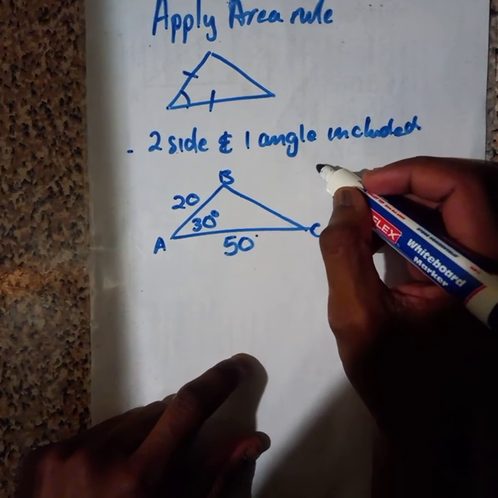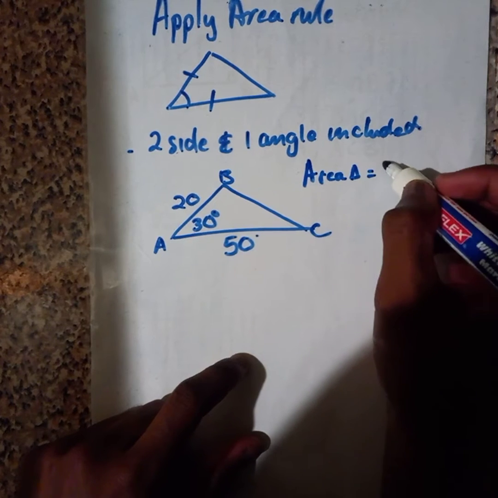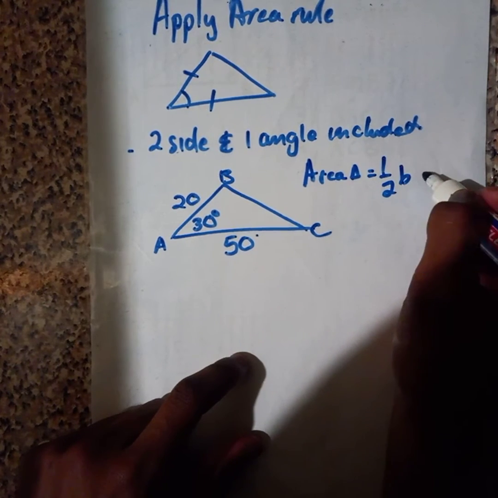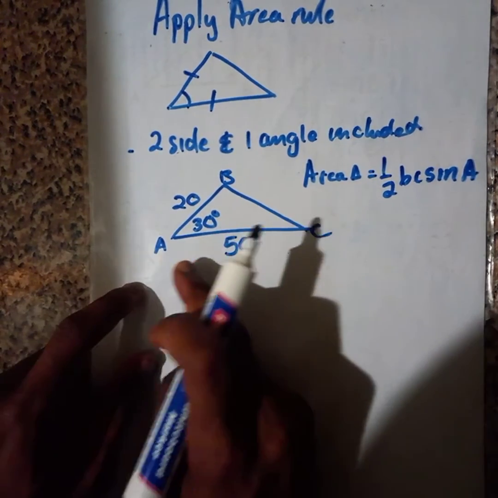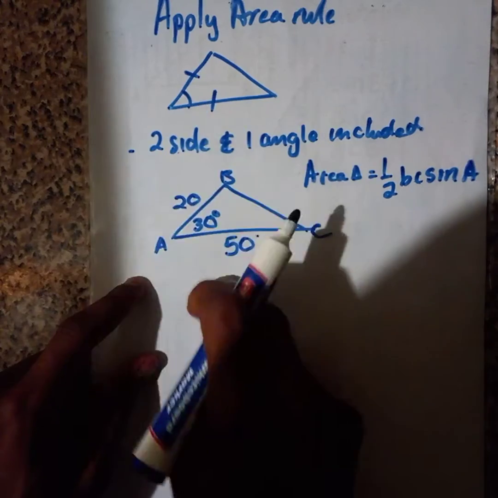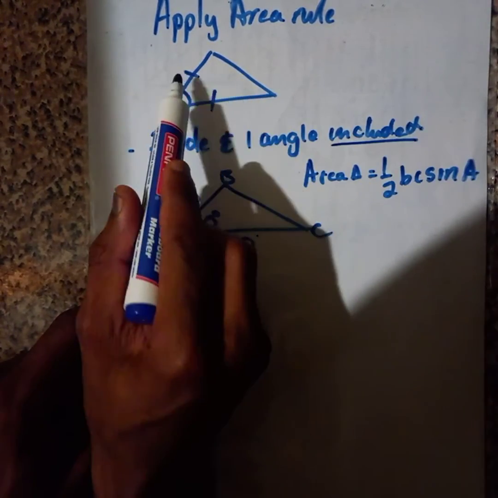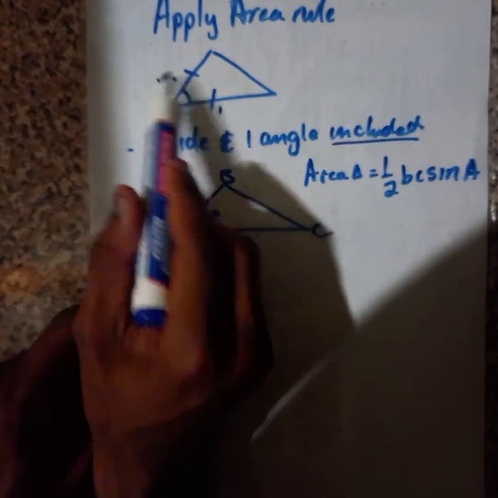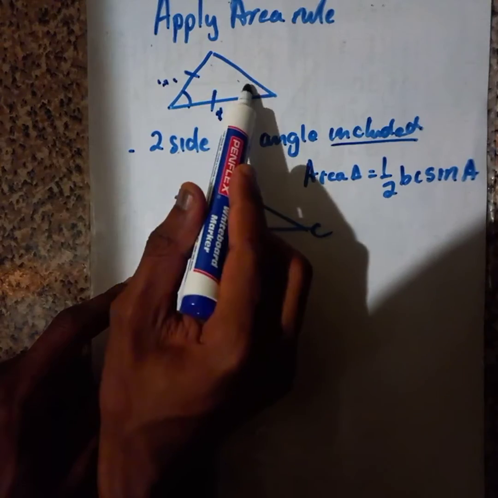We know that the general formula for area is going to be 1/2 bc sine A. We already have the angle A, and these two sides include it. When we say the angle is included, it should be between those two sides. You see, it's in between, not there or here.